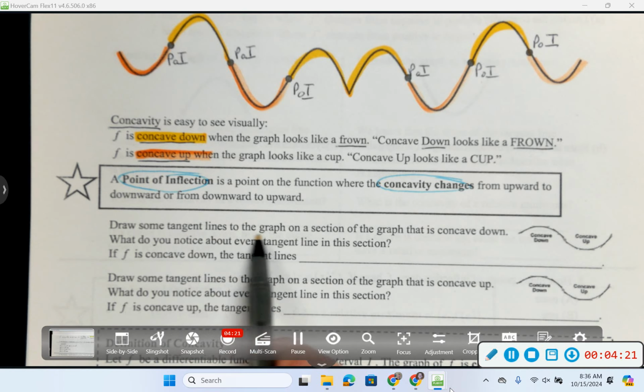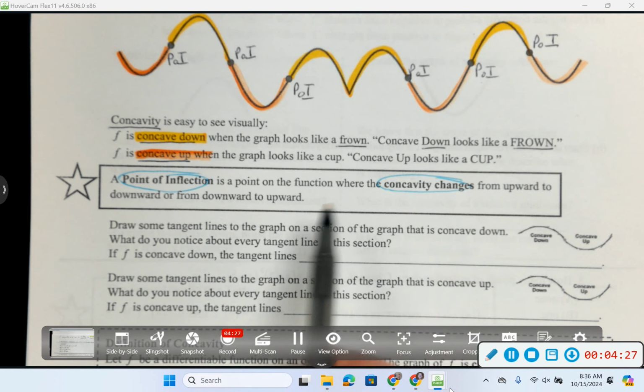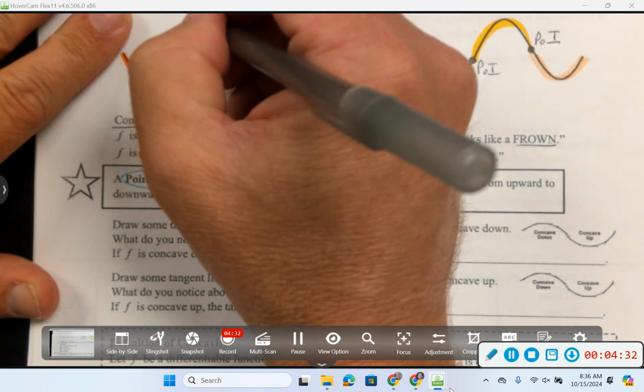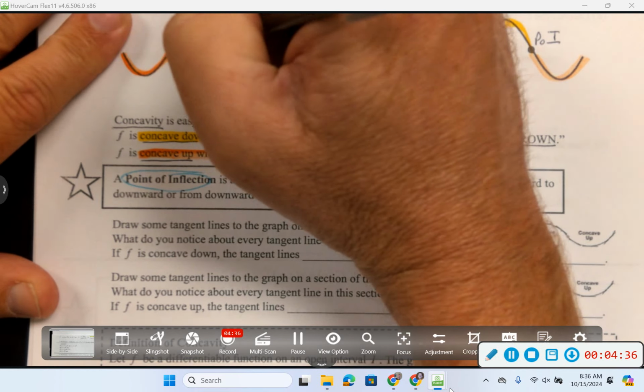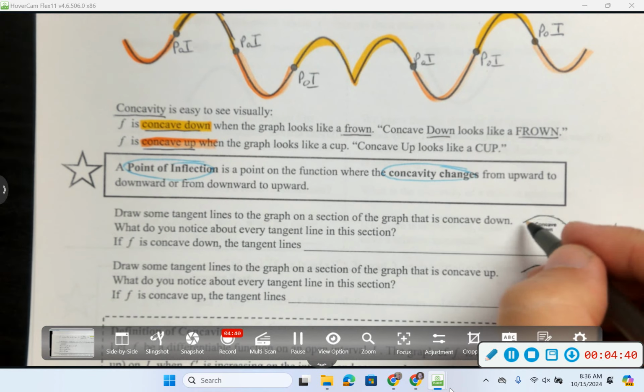All right, draw some tangent lines to the graph on a section of the graph that is concave down. For me, concave down was the yellow section. So some tangent lines on the concave down section.